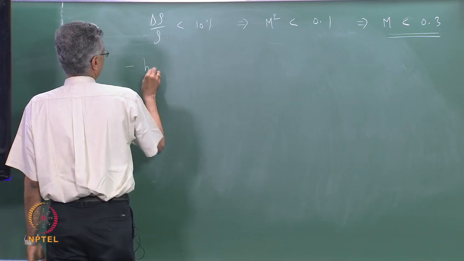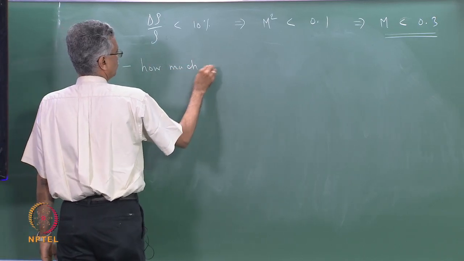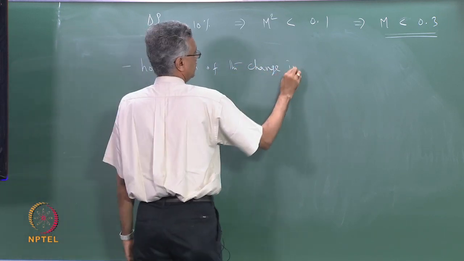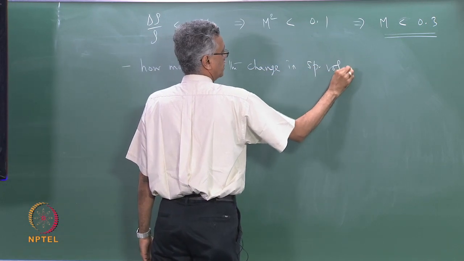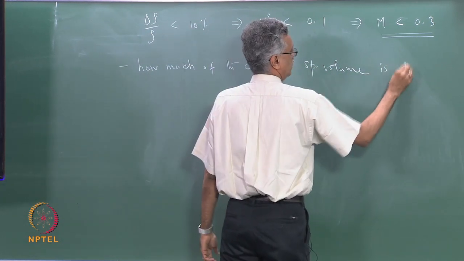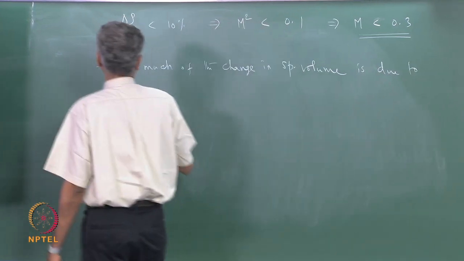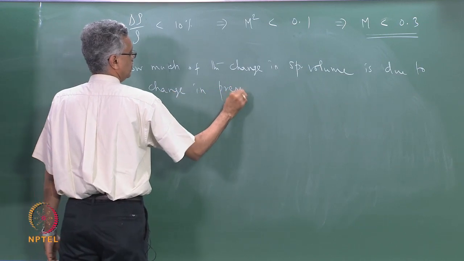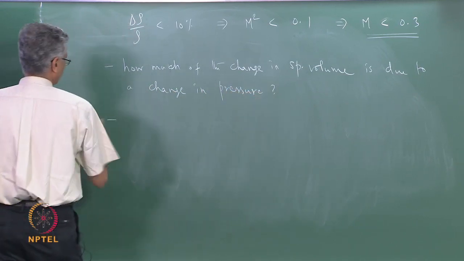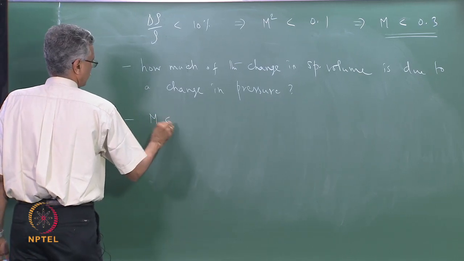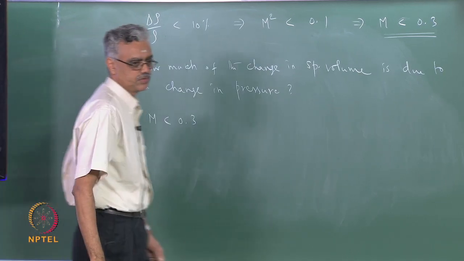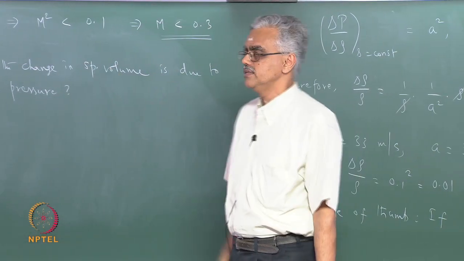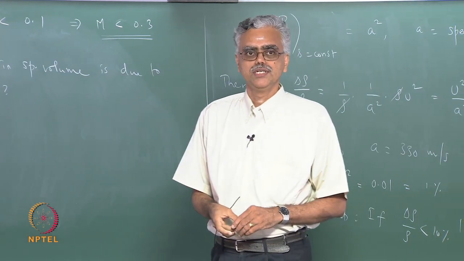One, how much of the change in specific volume or density, both are the same, is due to a change in pressure. We said that that is very important. And number two, Mach number less than 0.3. These are the two criteria that we can use to evaluate whether compressibility effects are significant or not in a particular component.